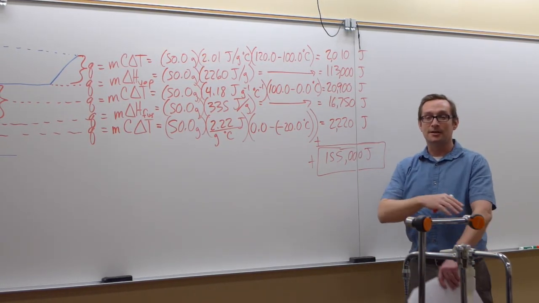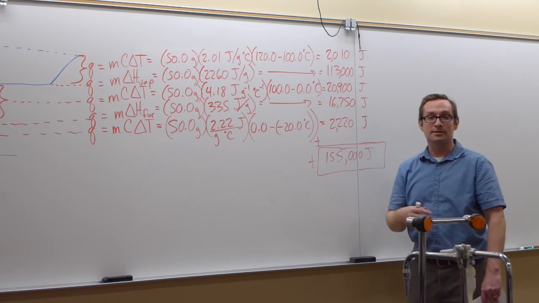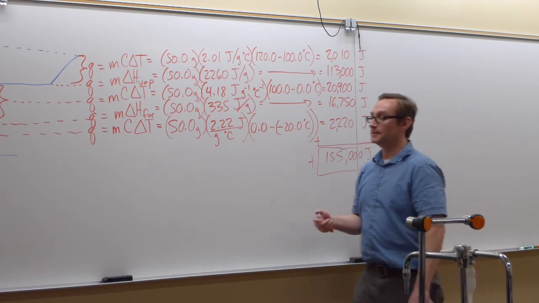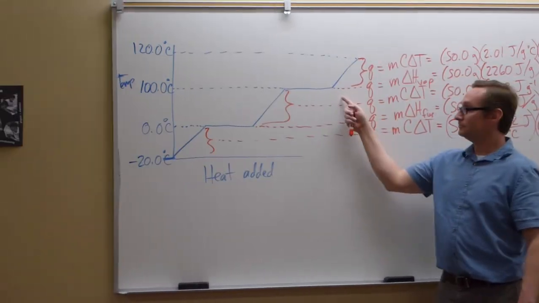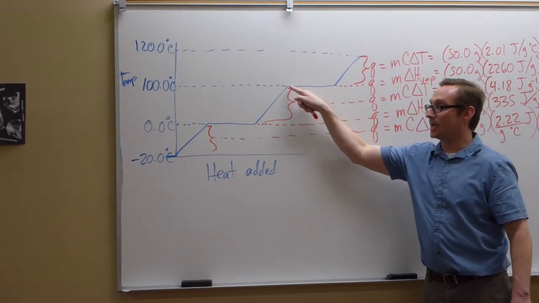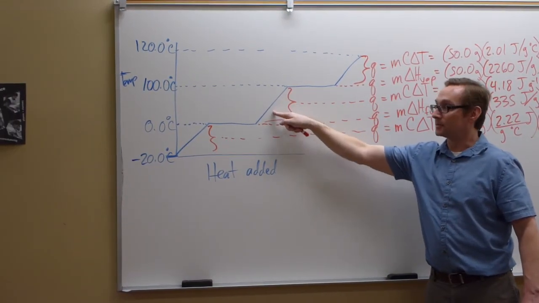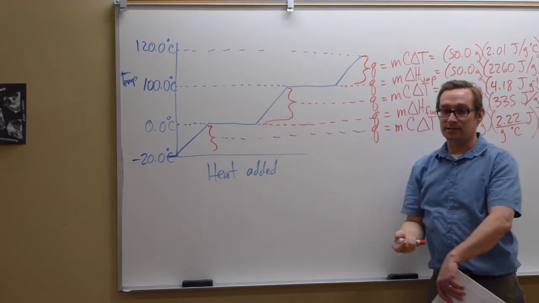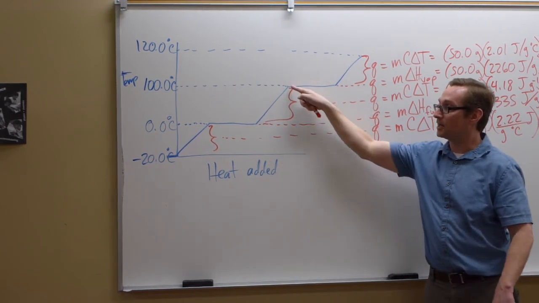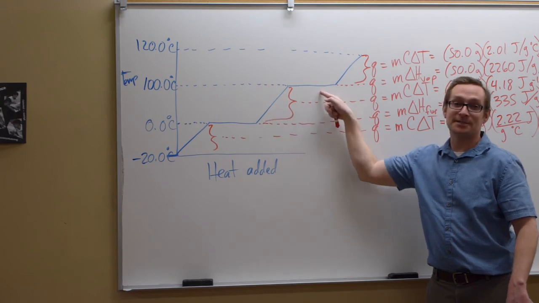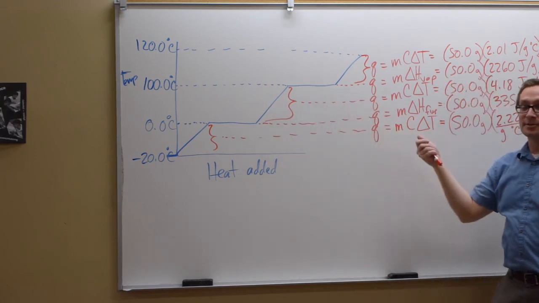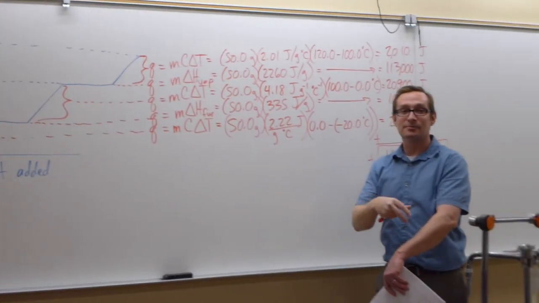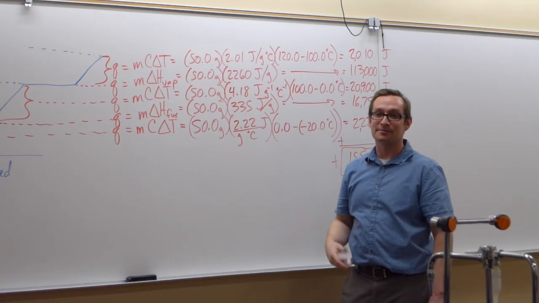Normal body temperature is around 37 degrees Celsius. So if we get burnt by steam, we go through this phase change and then back down to 37. Versus if you're burned by direct hot water at 100, it's just from 100 down to 37 without the phase change. So steam burns hurt a lot worse because of that heat of vaporization, right? It just hurts a lot worse because of that.